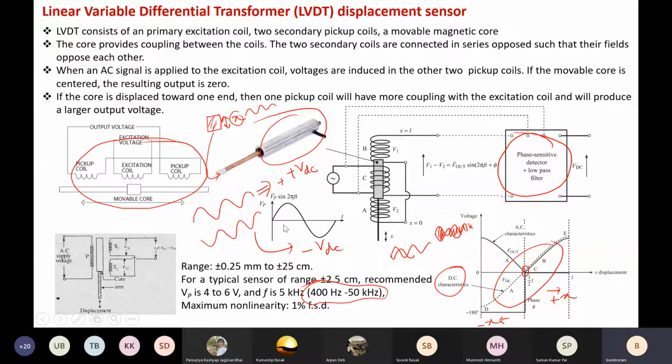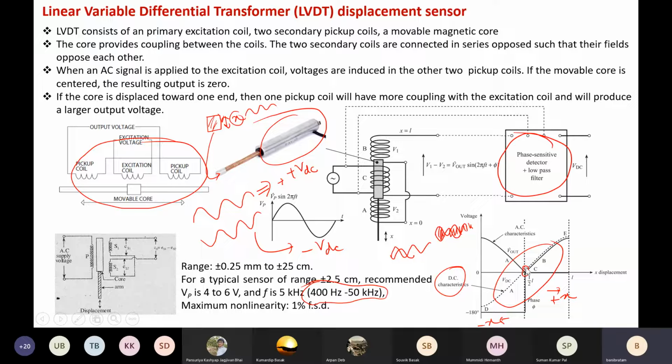So if we look at the AC characteristic, the amplitude will be the same, but how to distinguish the phase? AC characteristic means it will have amplitude as well as phase. From the amplitude point of view, both will show you the same amplitude.